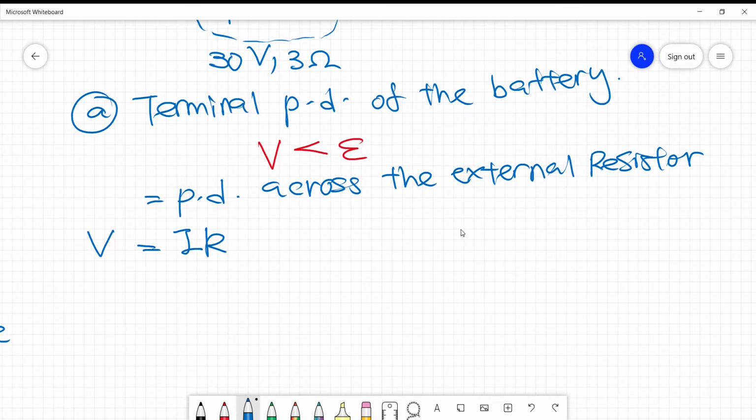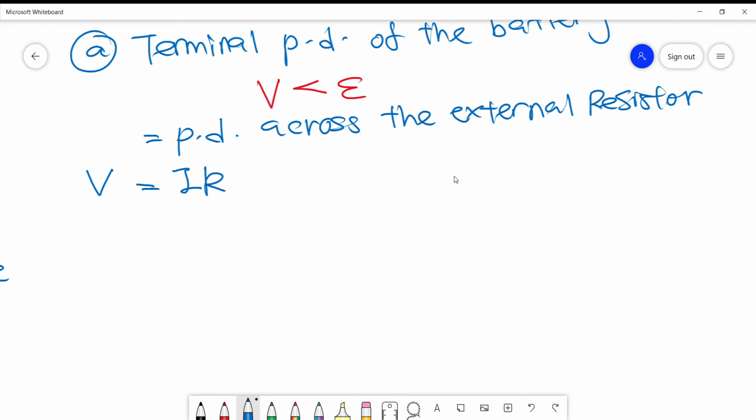If you always forget the formula for the current, I suggest you use this formula as a reference. Remember that the electromotive force is always equal to the potential difference across the battery plus the potential difference across the external resistor.